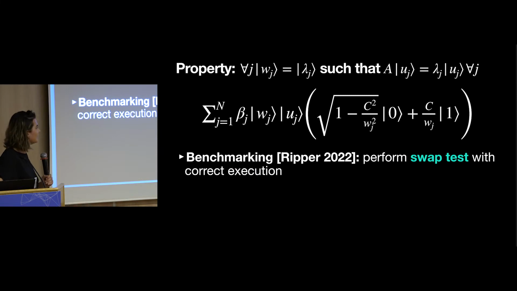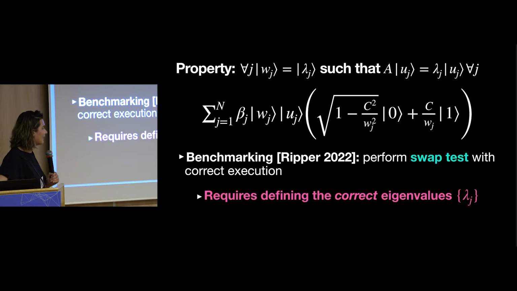And we run into the same problem with even benchmarking. So let's say I have a correct execution of my program, and there I still need to define what my correct eigenvalues are. And even if I try to do a swap test there, I need to be swapping with some register where I know that those eigenvalues are truly those of the matrix A that I'm trying to invert.